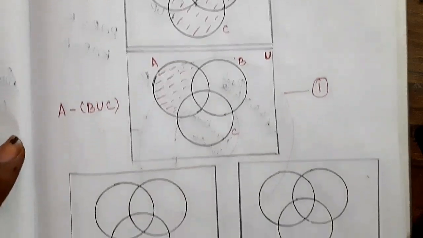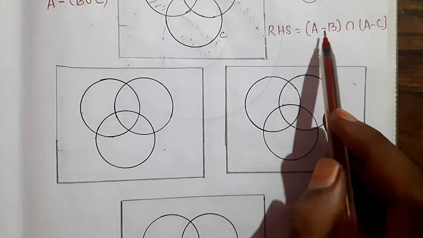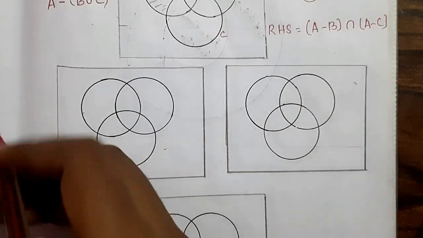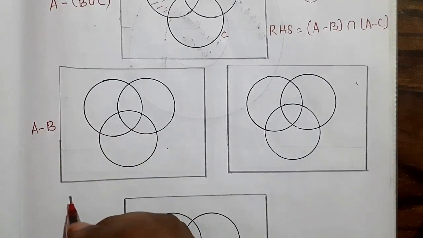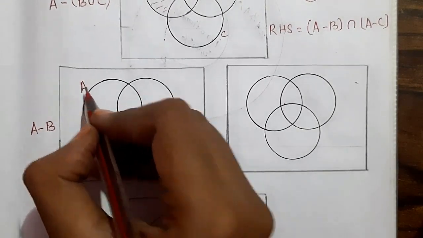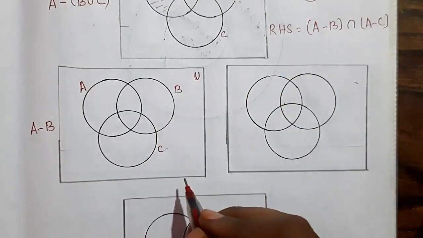So now we can take the next one. This is the RHS part, we can do that. First we can do A minus B. So this is A minus B. Before that we can denote the names A, B, C and the universal set.